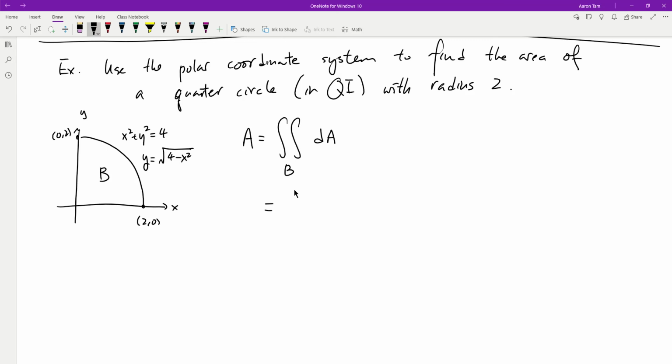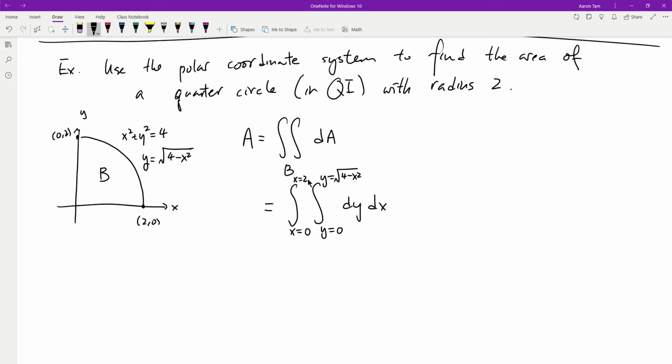So therefore, this integral is actually going to be this double Riemann integral, dy dx, there's no integrand. Our limit will be y from 0, which is the x-axis, to y equals radical 4 minus x squared. x will go from 0 to 2.